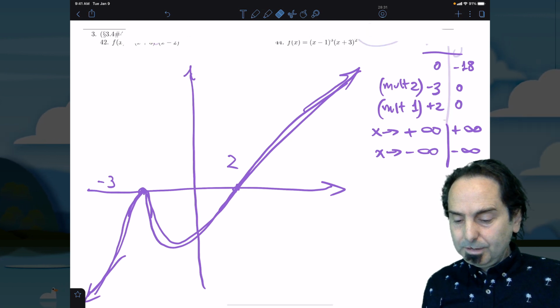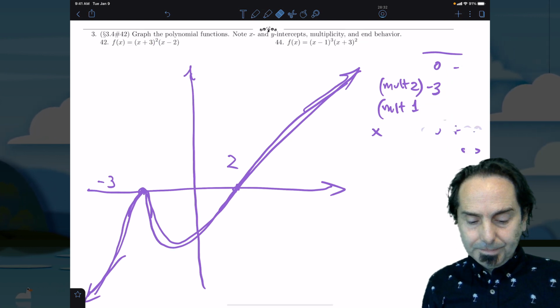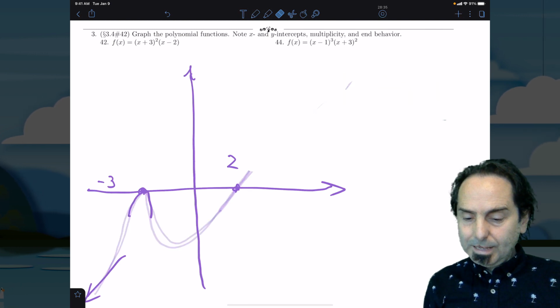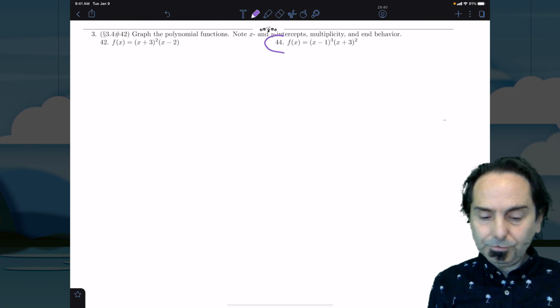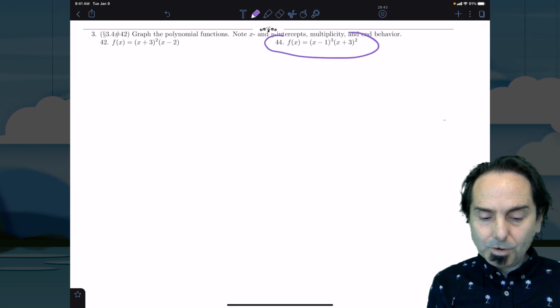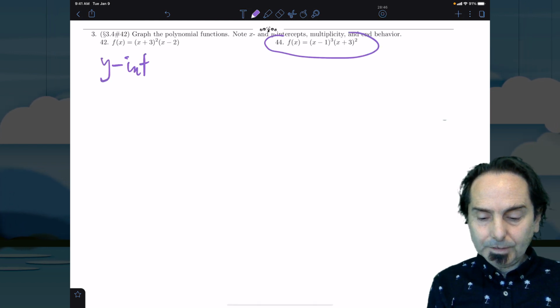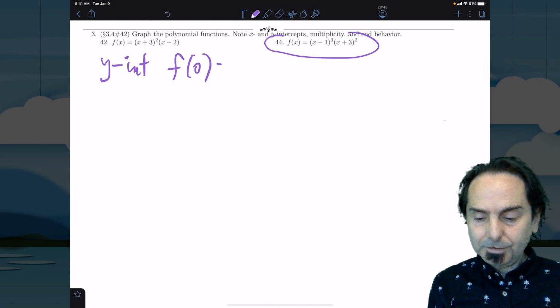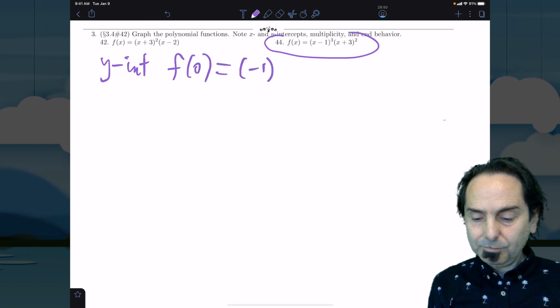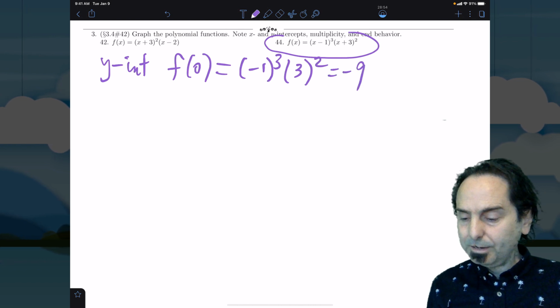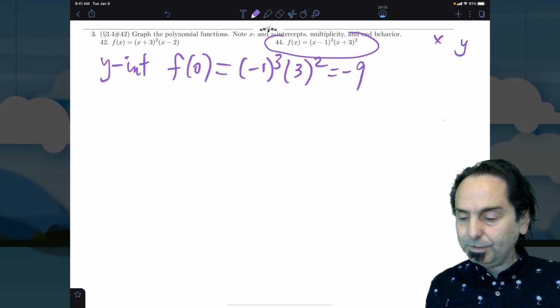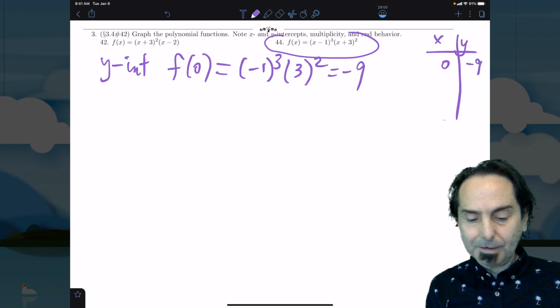Okay, another function, and we're going to work on this one. Let's first do the y-intercept. We want f of 0. That's going to be negative 1 cubed times 3 squared, and that's negative 9. I can just drop that into an xy chart. So 0, negative 9, that's the y-intercept.